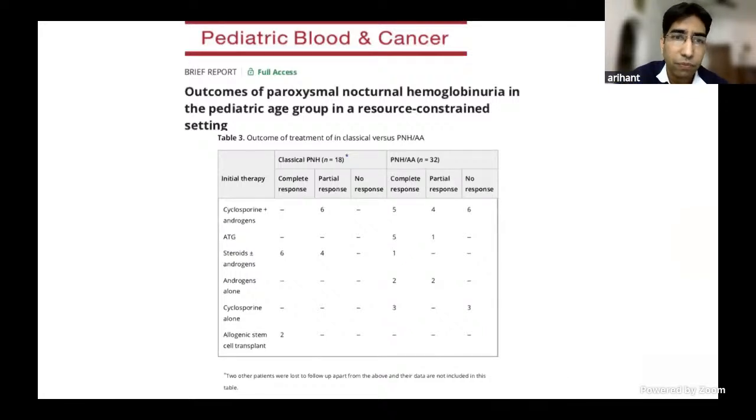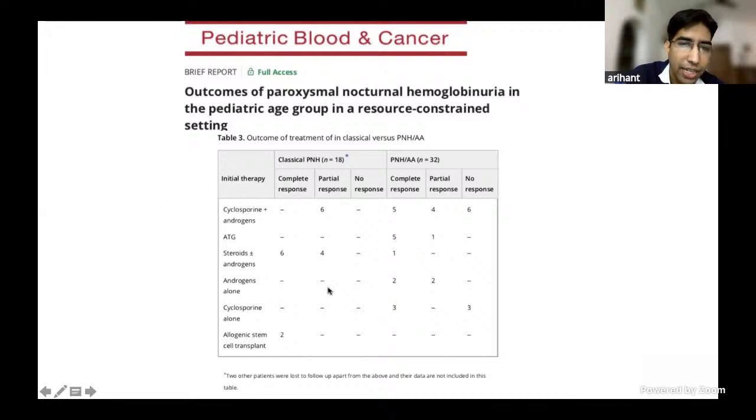This is another important, one of the few clinical outcome directed papers, which came in Pediatric Blood and Cancer, where the AIIMS group talked about their experience of pediatric PNH in a resource constrained setting.